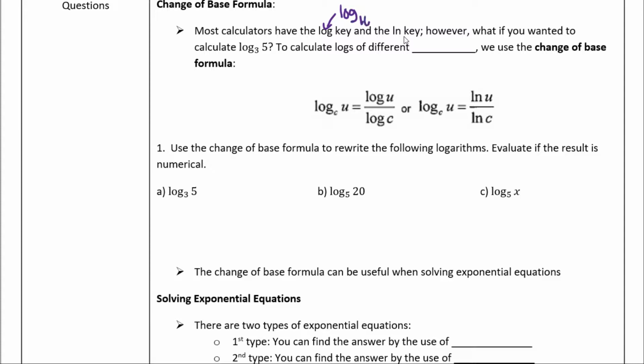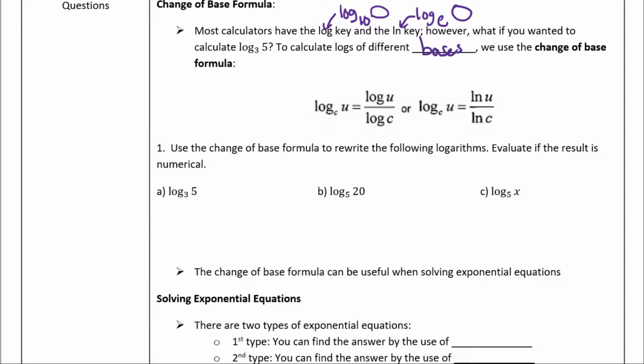That's log base 10 of whatever you're doing it for. And this is the log base e of whatever you're doing it against. So this is the natural log and this is the common log. However, the calculator doesn't have anything for bases other than 10 and e. It only has the log and ln key. So how do we calculate logs of different bases?